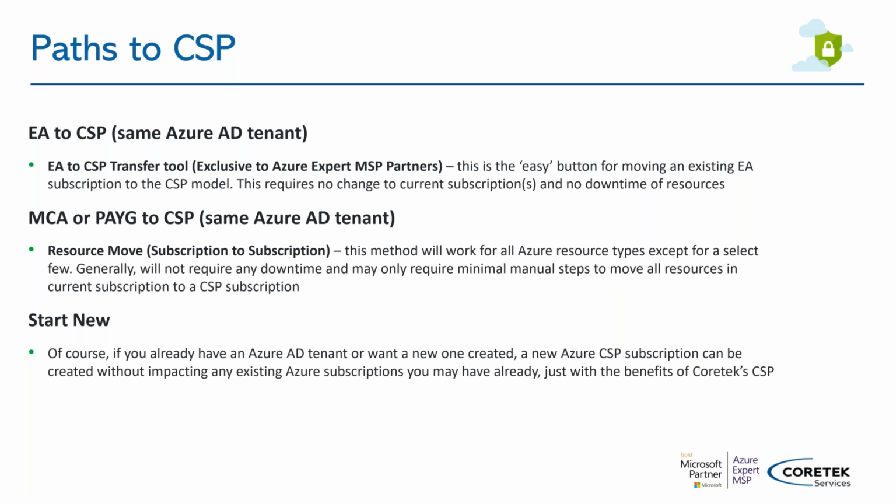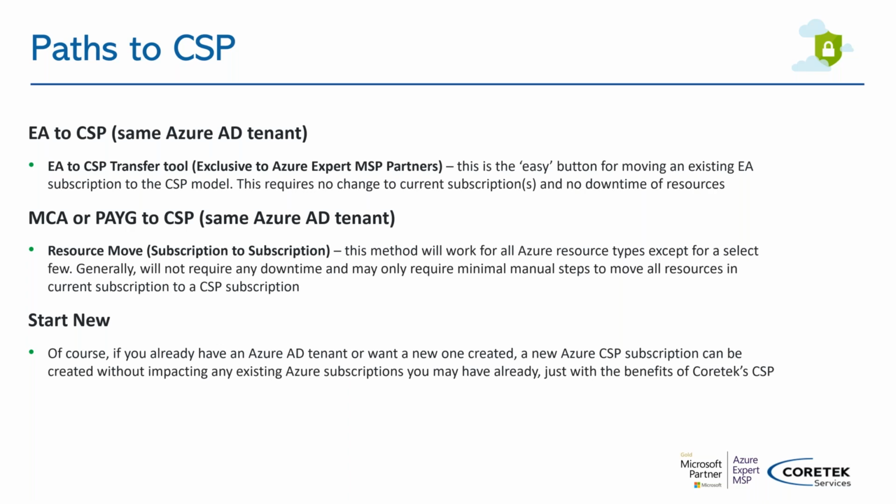There are a couple of pre-tasks or post-tasks you have to do before and after the migration, but those are well documented and we've done this a number of times. When you move everything at once from subscription to subscription, there's really no true impact to your environment. So that is another method.